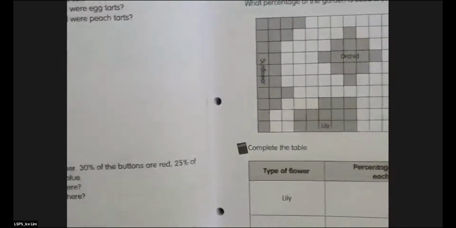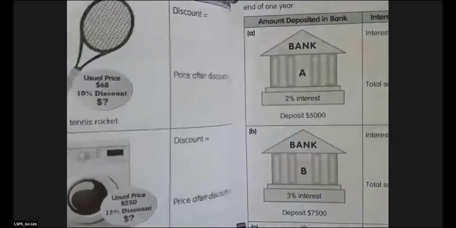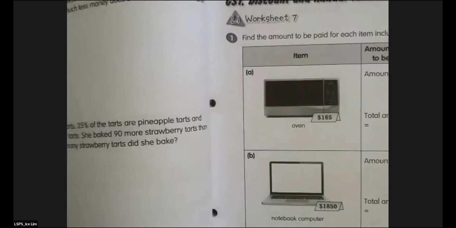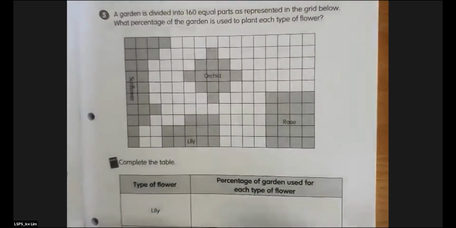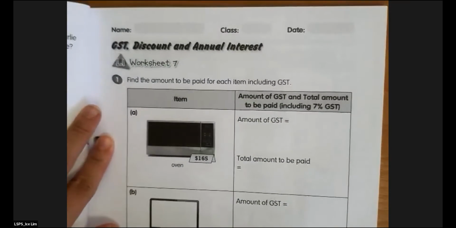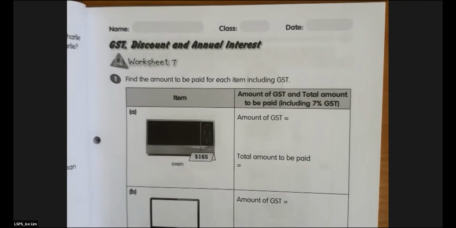So, for example, if I jump us to just the GST side, this is page 85. Page 85, are you ready?